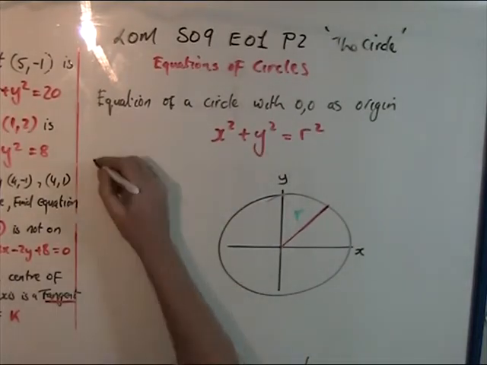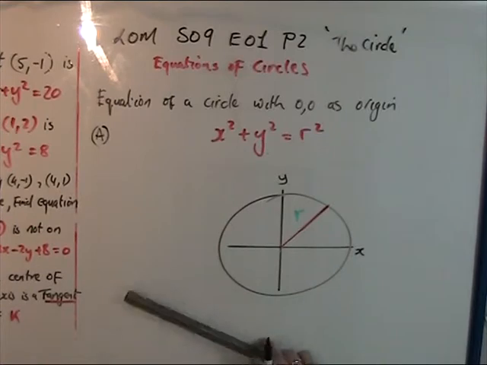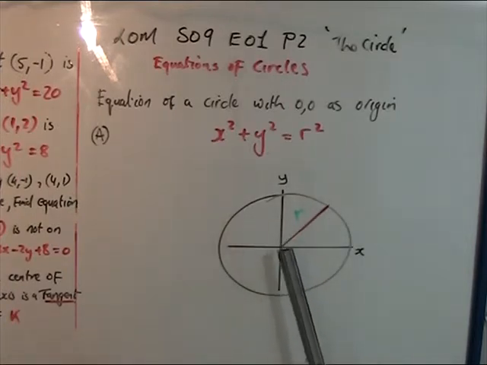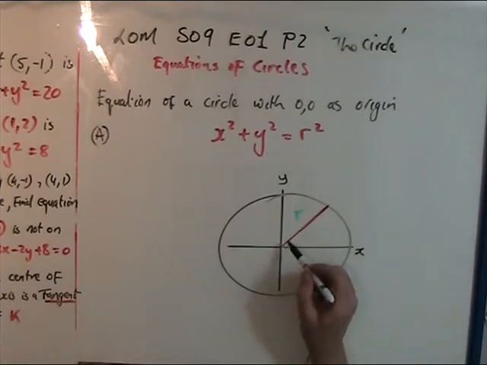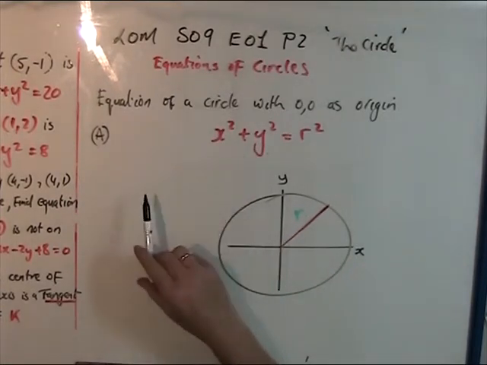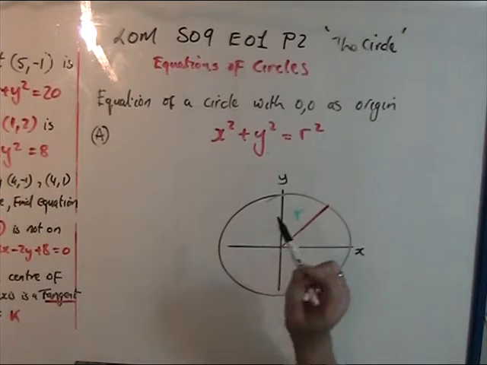There's this type, A. Notice that this circle has its center at the origin, 0, 0. When it's expressed like that, you know it's got the center 0, 0.